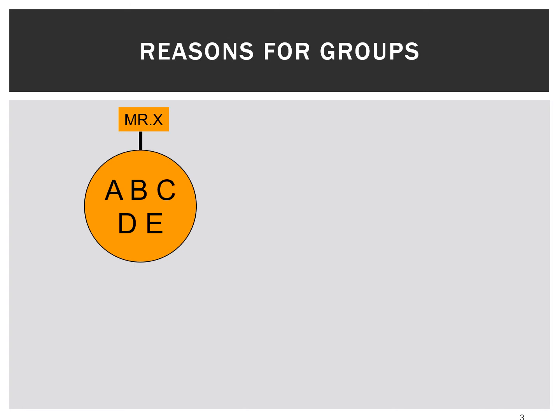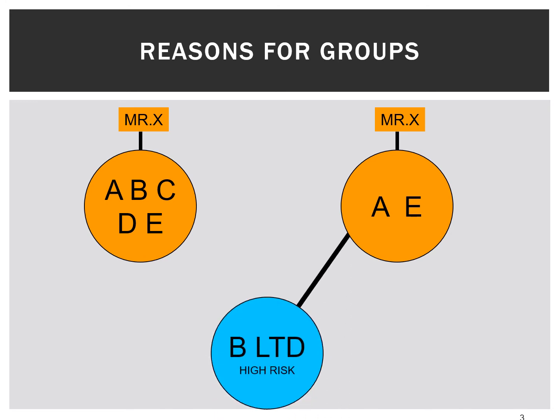So here's an example. We've got a shareholder there, Mr. X, who owns all of the shares in a particular company, and that company carries on 5 different activities. And he may want to split those activities up. So maybe A and E will stay in that main company, but B might be a business that's high risk. There might be some possibility that business will fail.